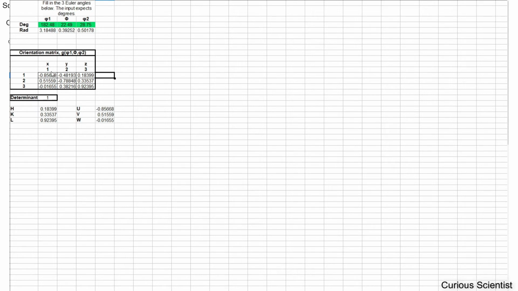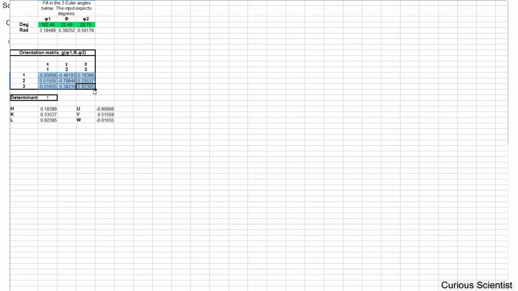I use radians here partly because the trigonometric functions, for example, expect the angles defined in radians instead of degrees. But yeah, it's more convenient to see these numbers in degrees.